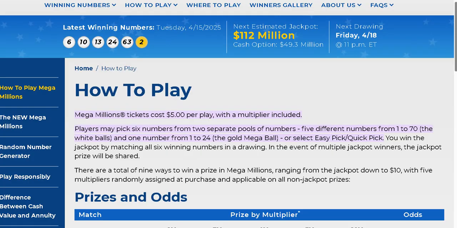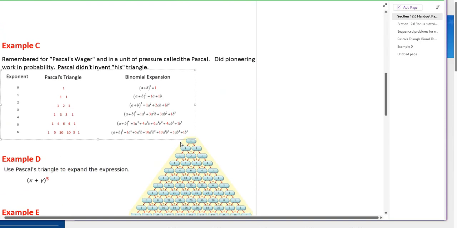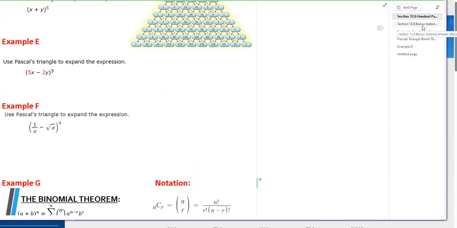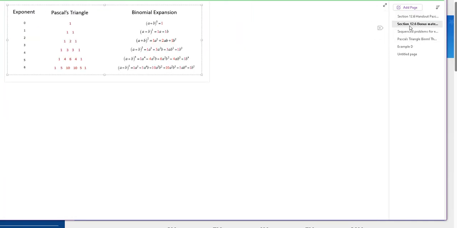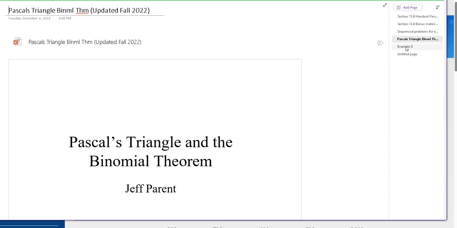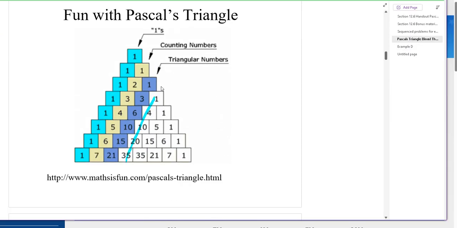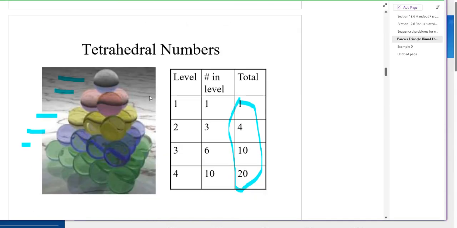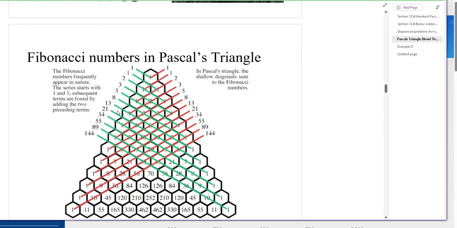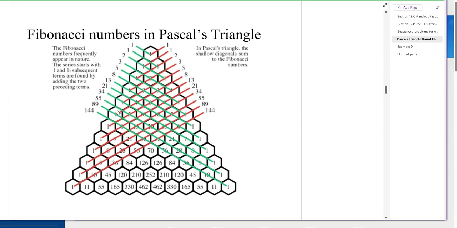One more mention about Pascal's triangle, because Antonio was asking about it, and of course Antonio left. So yeah, here's your triangular numbers and your tetrahedral numbers. Those are what those look like. But the Fibonacci numbers are on Pascal's triangle too, which is just really cool. There's just so many patterns there.